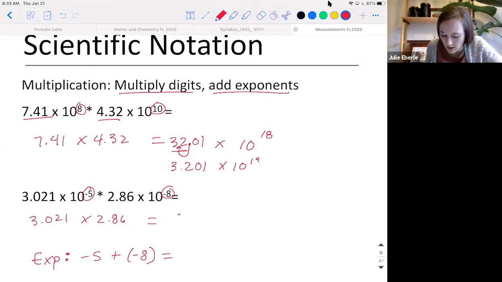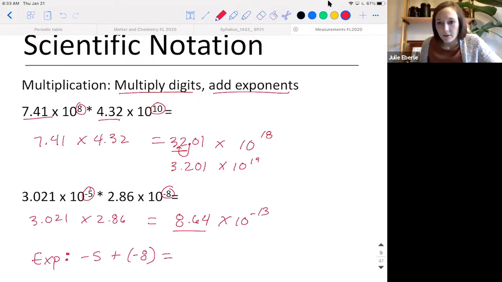Molly said she got 8.64 times 10 to the -13. And if that's correct, this is a number between 1 and 10, so we don't have to move the decimal anymore. Is that what you guys got? Okay. Good deal. Thank you. Any questions on these?